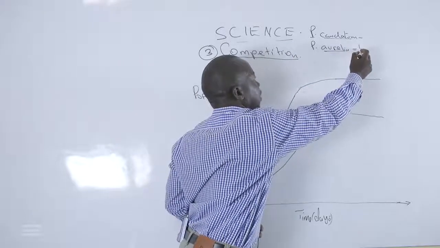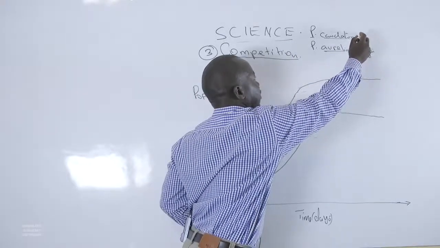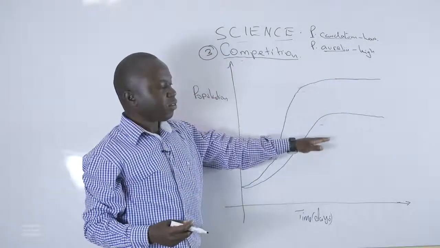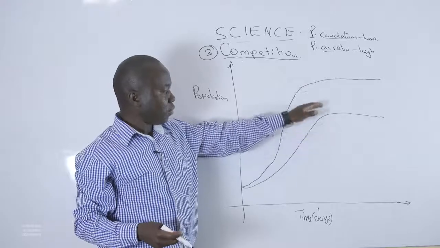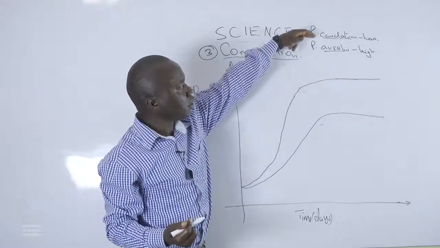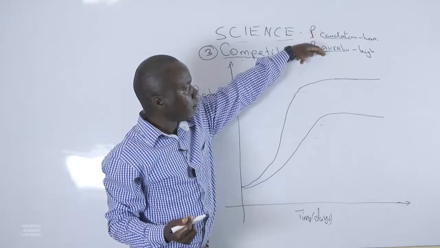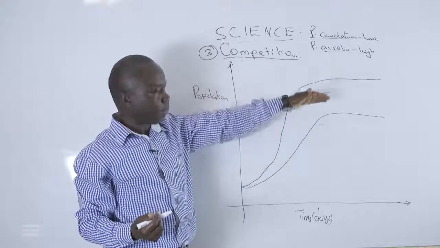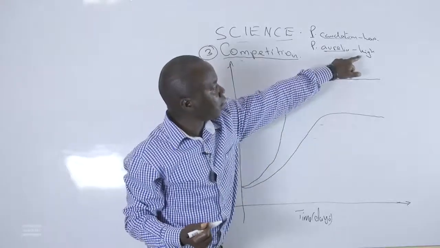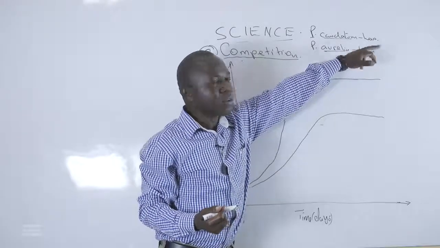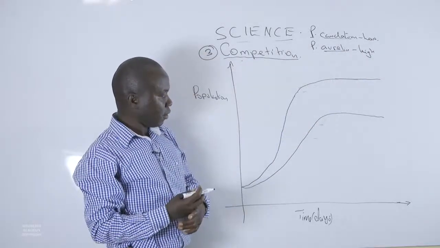So one has a high reproductive rate, the other a low reproductive rate. We have two curves here. Of these two curves, which one do you think represents caudatum and which one represents aurelia?